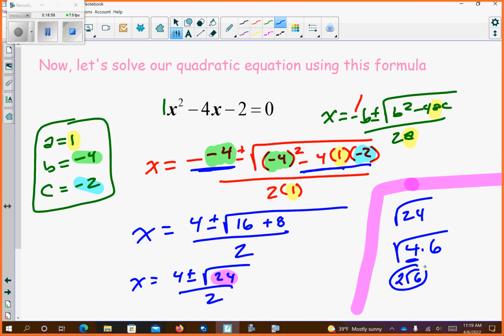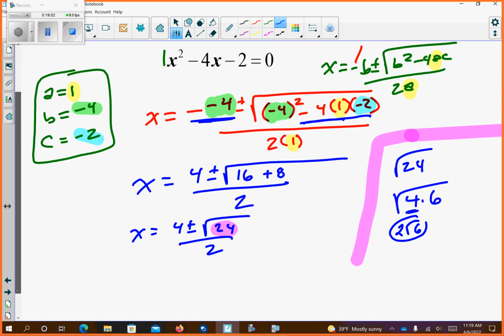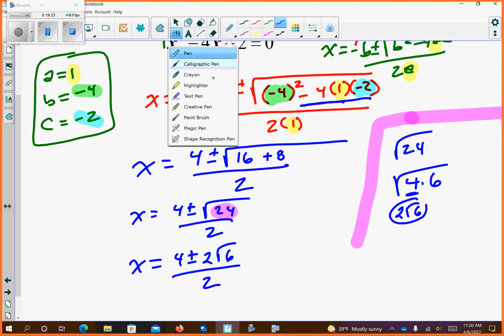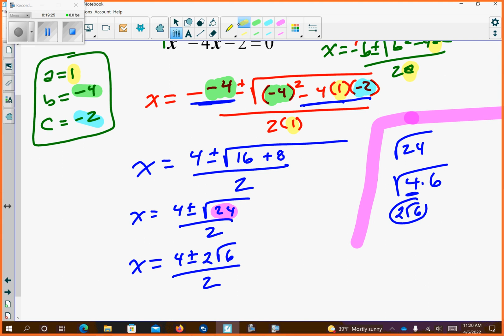So now, where I have the root 24, I'm going to replace that with 2 root 6. Now, if you got to that point on this problem, I'm proud of you. But you're going to miss a half of a point. So you don't want to miss out on a half point. We want all the points that are available.